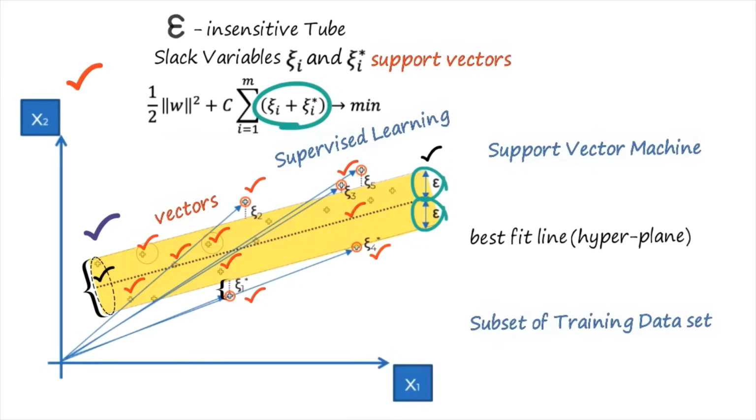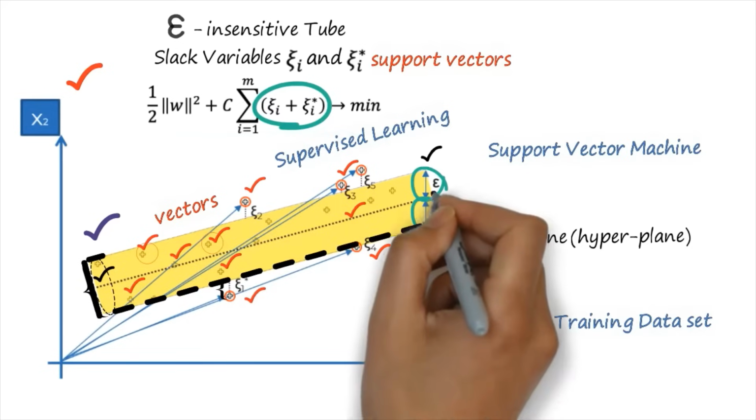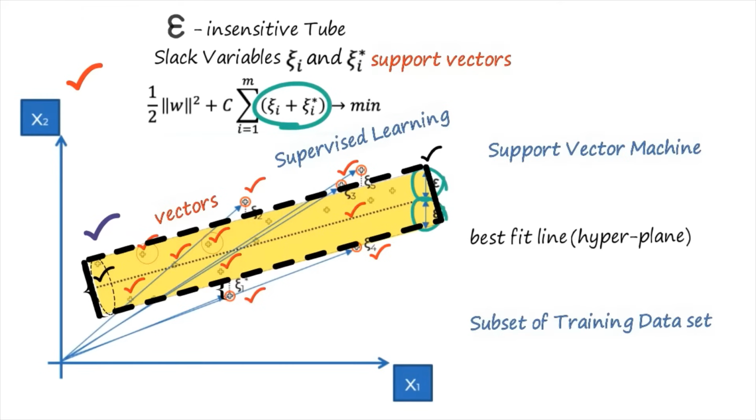Why are they vectors? Because they are points. But why are they support vectors, the points which exist outside the tube? Basically, they are known as support vectors because they support the structure formation of the tube. It means the position of these slack variables will determine the structure of this yellow tube. That's why they are known as support vectors.